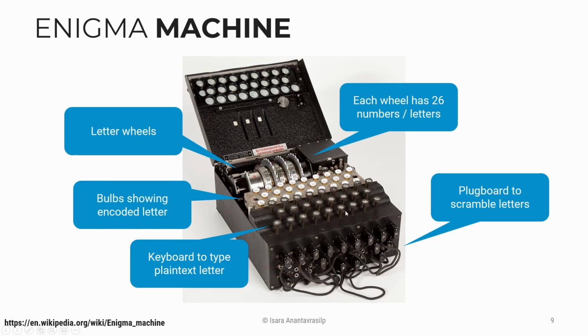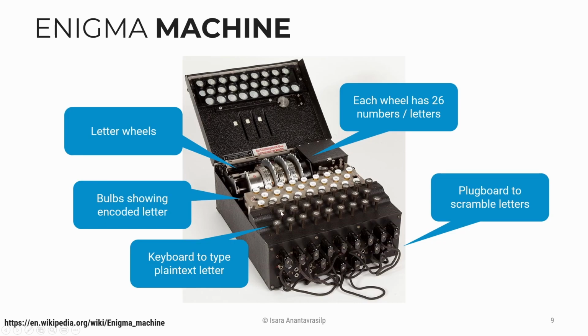You can type plain text in, like for example, I love you, or attack at this time, or go left or go right. Just type it in. But when you type in any character, the encoded character will be shown here in this light bulb. As you can see here, when you close this lid, you will see that character lit up.